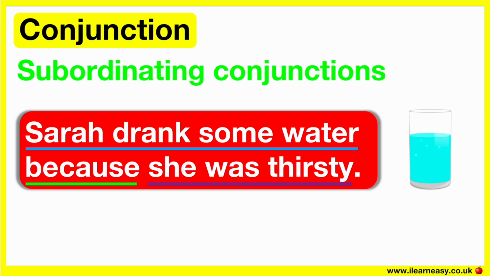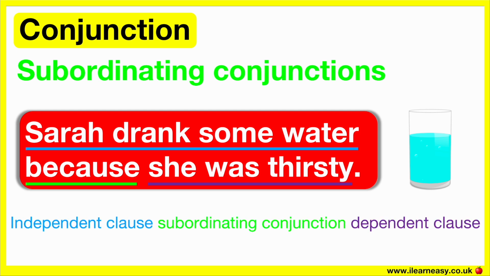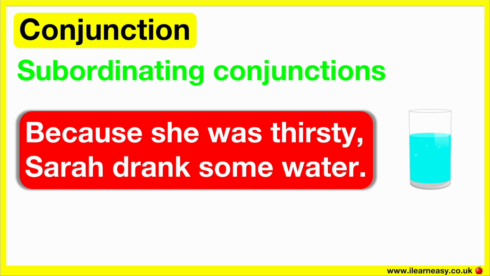Remember that a dependent clause depends on the independent clause to make sense, whereas an independent clause makes sense on its own. So when the independent clause comes first, followed by the dependent clause, then we must place the subordinating conjunction between them with no comma. Because she was thirsty, Sarah drank some water.